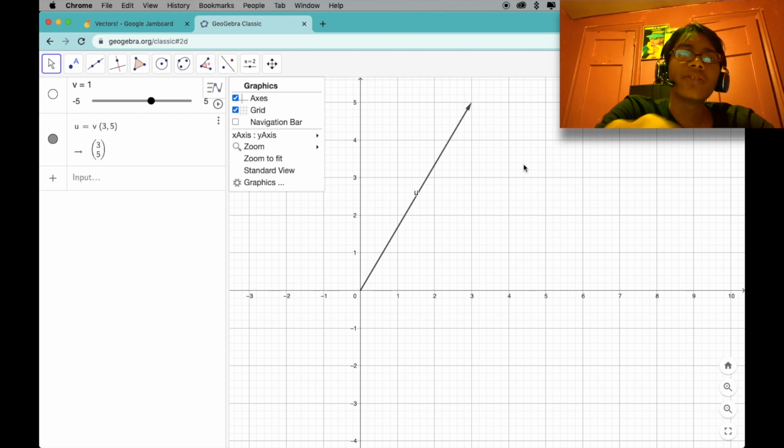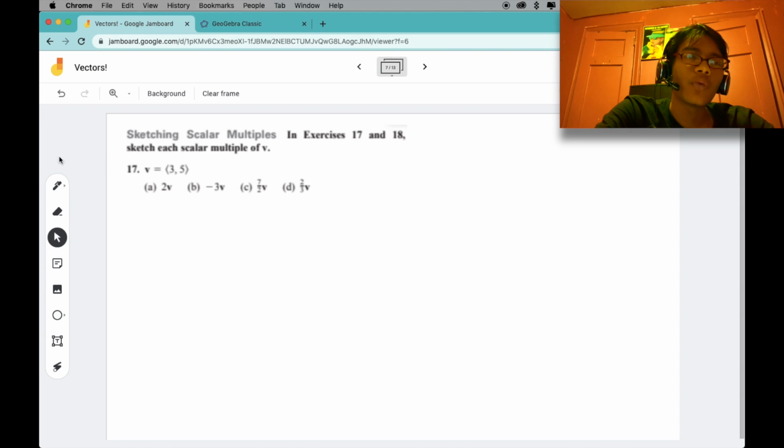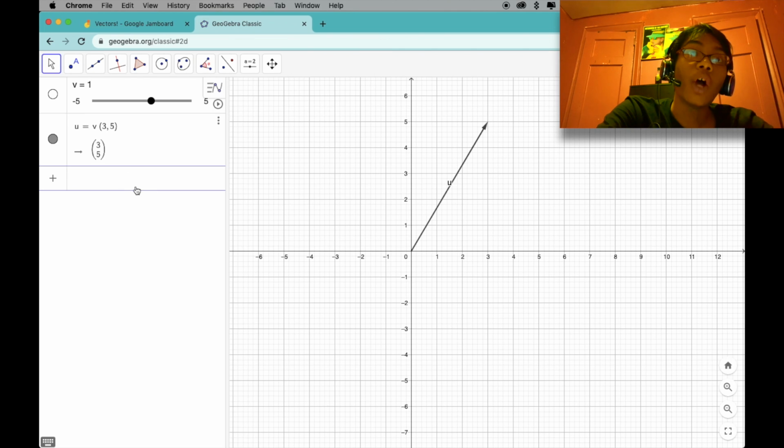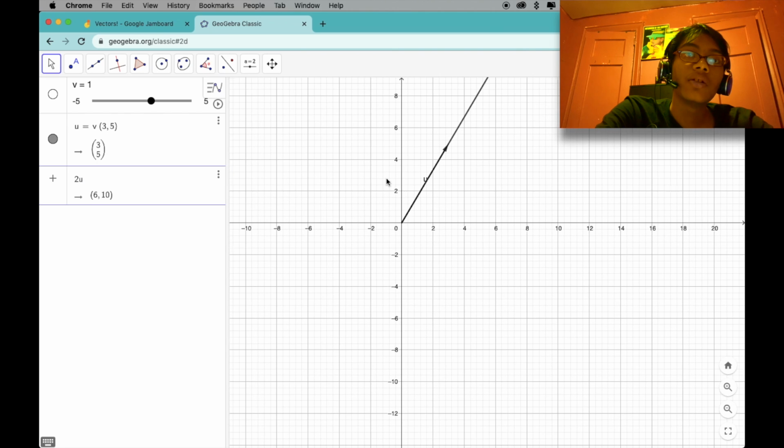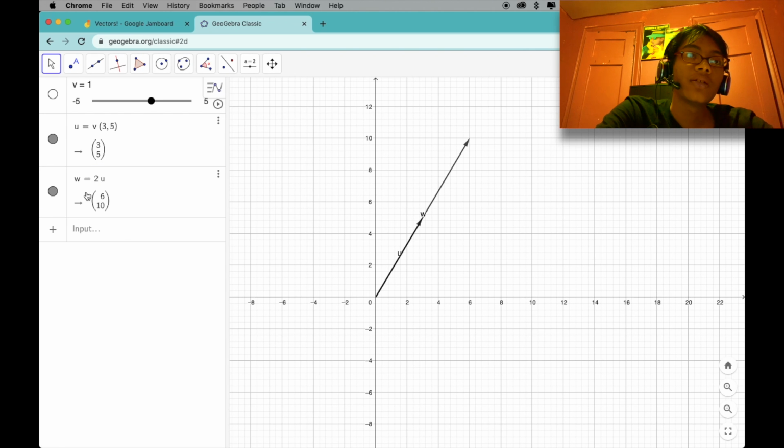Now let's see what happens if I do the first question. The first question asks me to take 2 times my first vector. So let's take 2 times our vector. Look what happened, ladies and gentlemen. Let's make this adjustable. Can I say a equals 3?